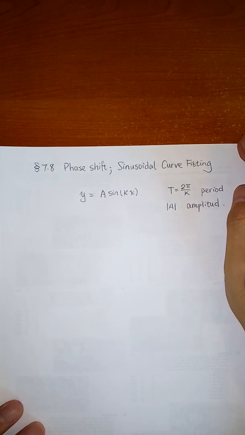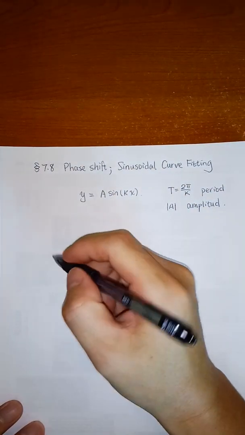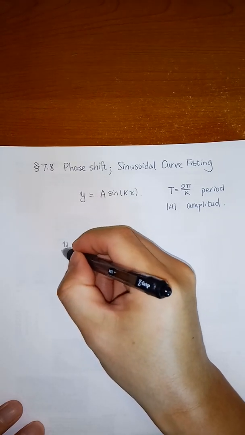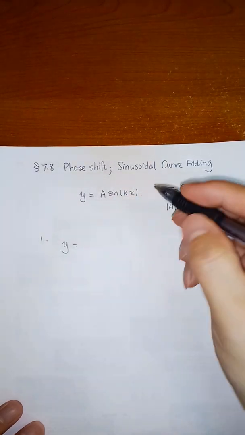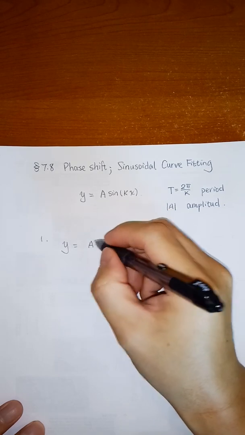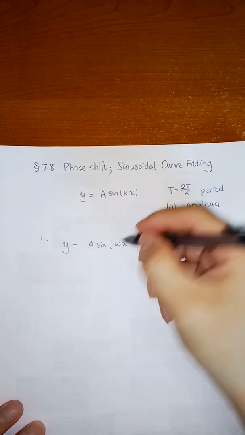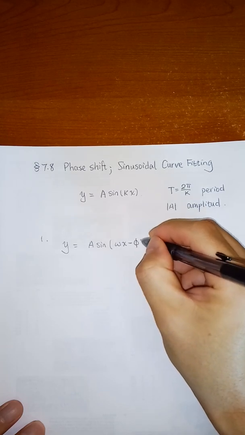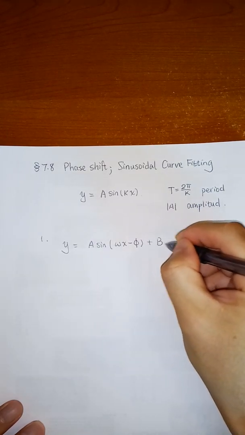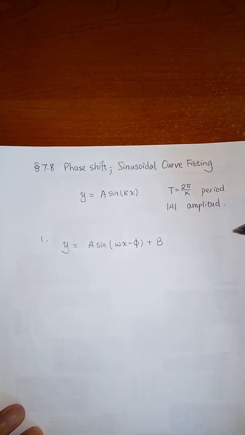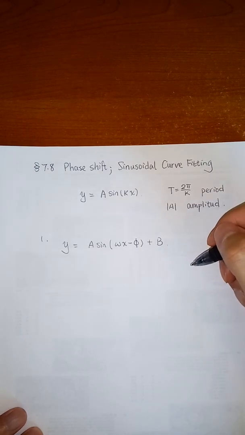And in this section 7.8, we are going to graph a sine omega x minus phi plus b. Okay, so we're going to graph this function.